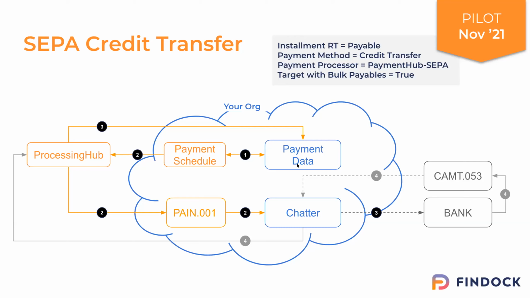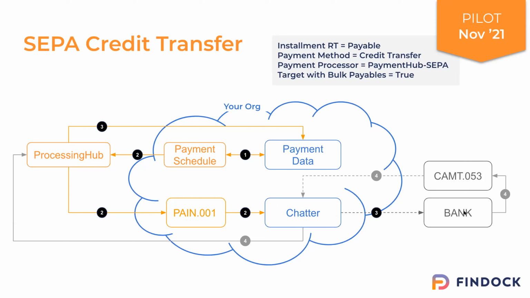If the data is in your system and you run a payment schedule, similar to a direct debit payment schedule with FinDock and no processor, you just select the right values, like payment method is credit transfer, payment processor SEPA. Then on the processing hub side, we will create a pain.001 file that is posted to Chatter.